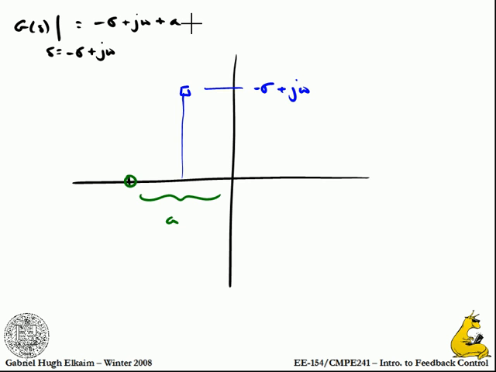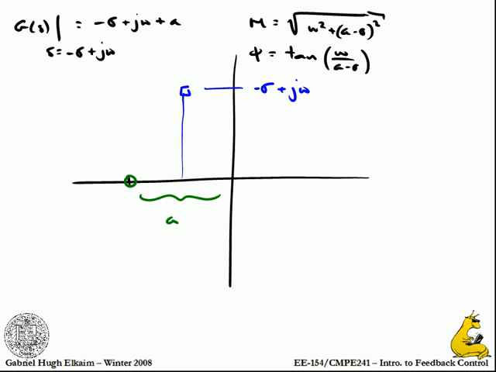So the magnitude is the square root of omega squared plus (a minus sigma) squared, and the phase is the arctangent of omega over (a minus sigma).